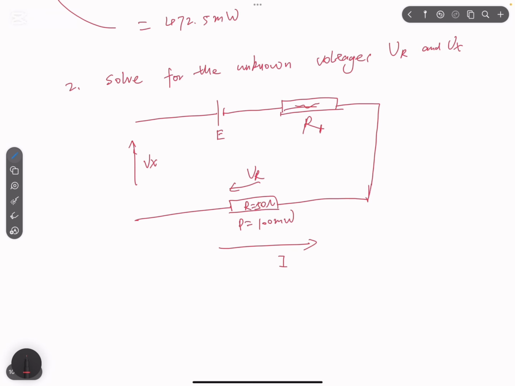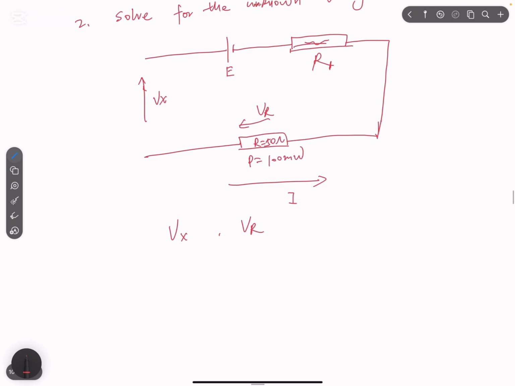So we need to solve for Vx and VR. First thing, we have the power for R and we have the resistance.